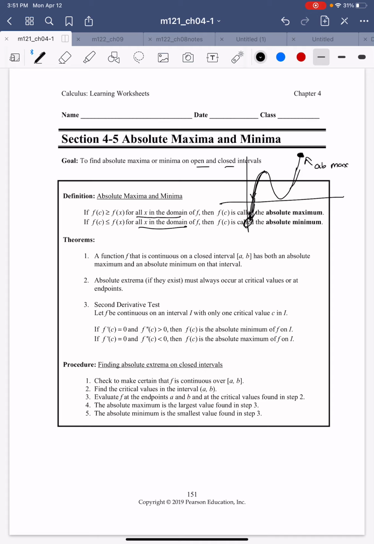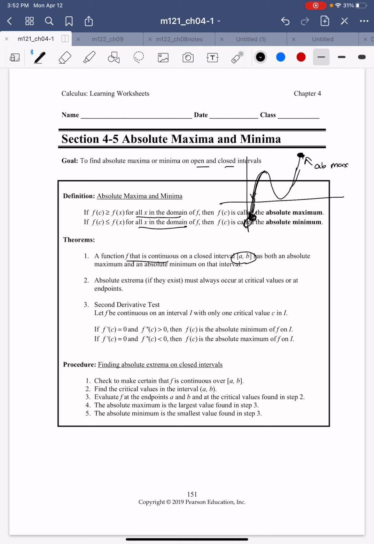So we have a couple of theorems to help us find the absolute extrema. Let's take a look at the 3 theorems. Number 1, a function f that is continuous on a closed interval a comma b has both an absolute max and an absolute min on that interval. So any continuous function on a closed interval, meaning it has an ending point, has both an absolute max and absolute min.